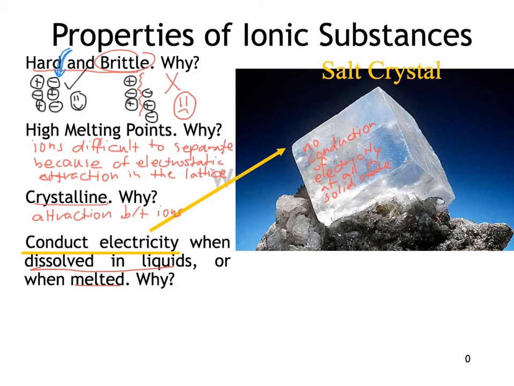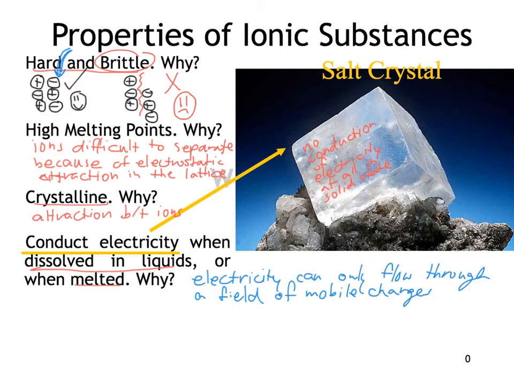The crystal structure, the lattice that looks like this, it doesn't allow electricity to flow because the ions are stuck in place. Electricity can only flow when it has a mobile field of charges to flow through. So that's a really important idea.